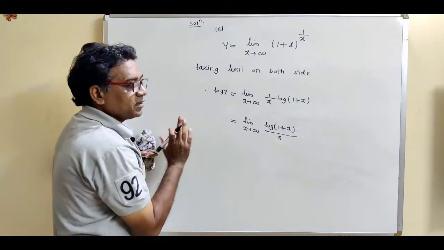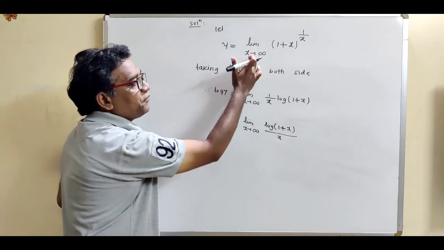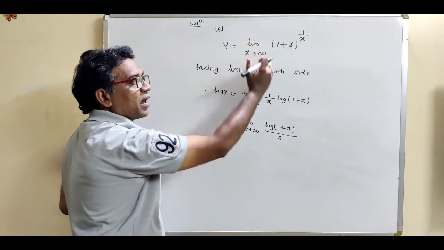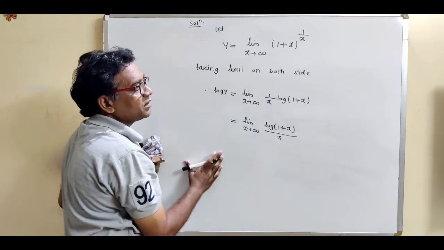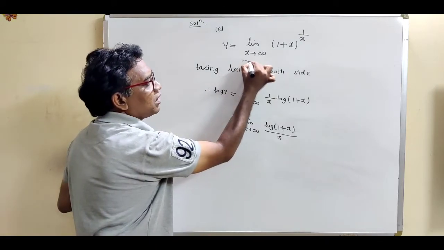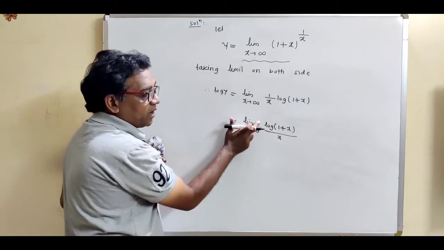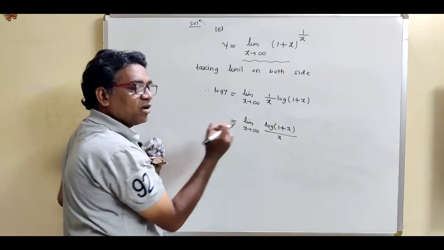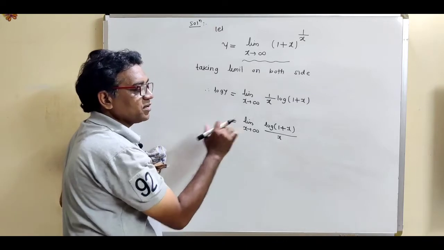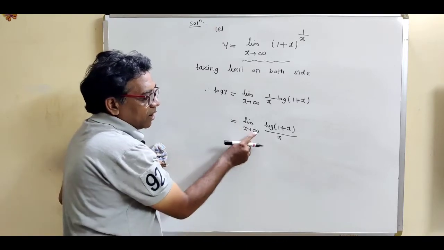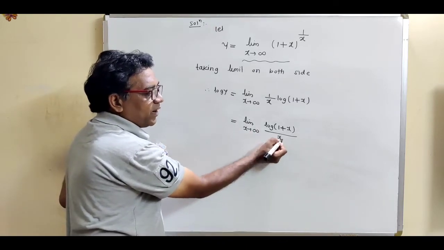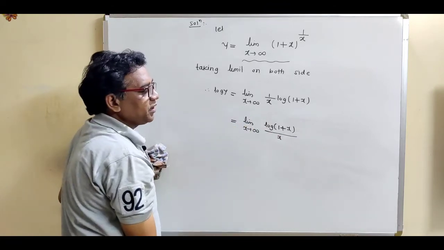So see, this is the method. If the limit form contains a function raised to another function, what is the method? Anyhow, convert the form into a division form. If the division form is 0 by 0 or infinity upon infinity, we can use the L'Hopital rule. Now if you put x equal to infinity in the denominator, the denominator will be infinity.